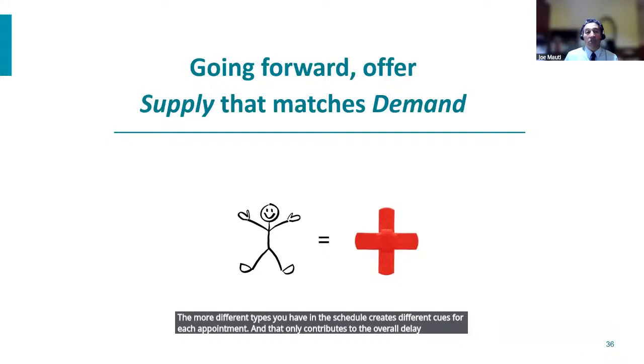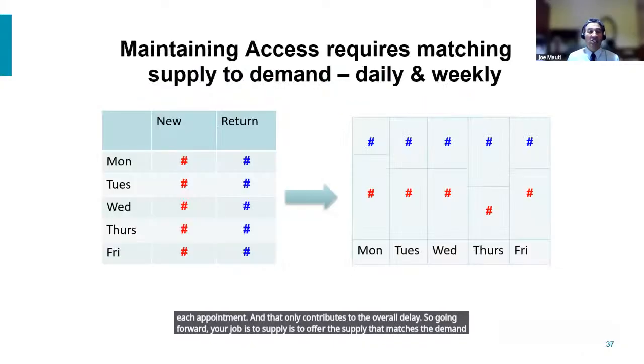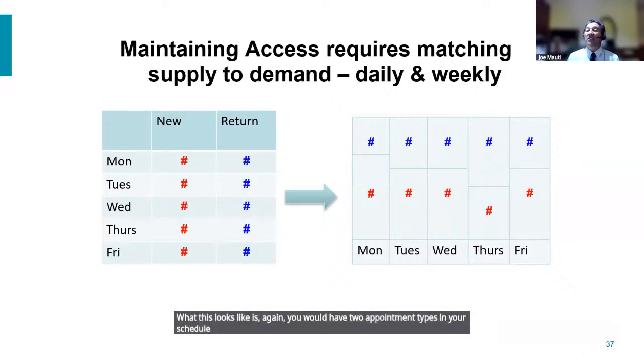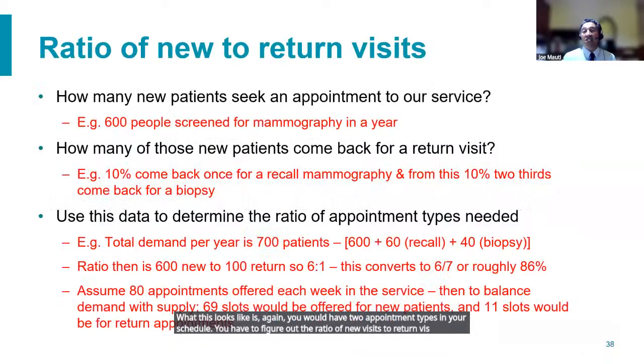So going forward, your job is to offer the supply that matches the demand. What this looks like is, again, you would have 2 appointment types in your schedule. You have to figure out the ratio of new visits to return visits.